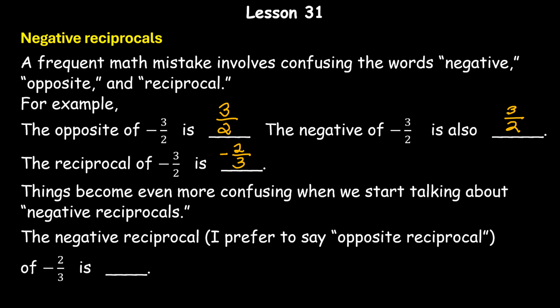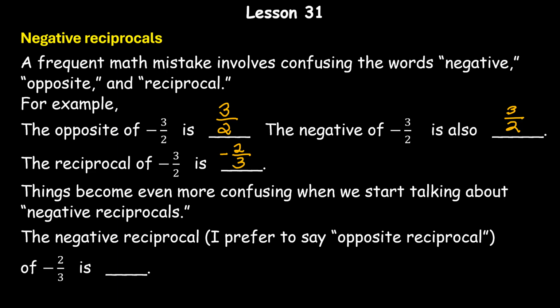So here's the problem. When you are talking about perpendicular lines, you are going to be talking about both of these things at the same time. You're going to be talking about negative reciprocals. So the negative reciprocal, which I prefer to say opposite reciprocal, and the reason is because when you see the word negative, you think that number is going to be negative, but it's not. It's just the opposite of whatever it is.